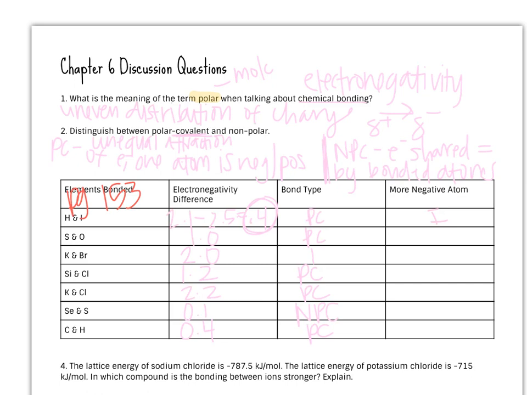Sulfur and oxygen is going to be oxygen, bromine, chlorine, sulfur, and carbon. You should be able to figure that out just from the general trend, but if you have to consult it a little, it's not a huge deal. Okay, moving on to number 4.